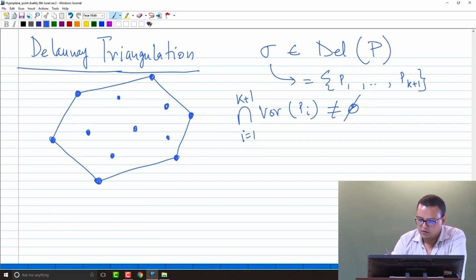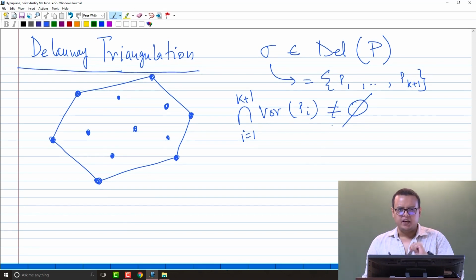It is not P, sorry. Right? This was the definition, in terms of the nerve. It works both ways: if it is non-empty, then sigma belongs, and if sigma belongs, then this is happening. Okay.